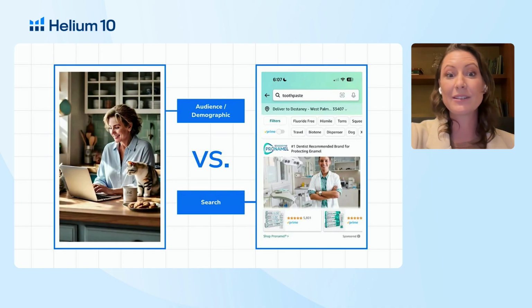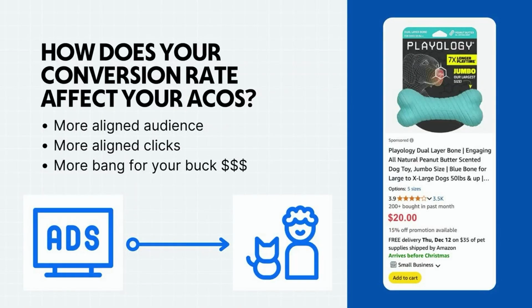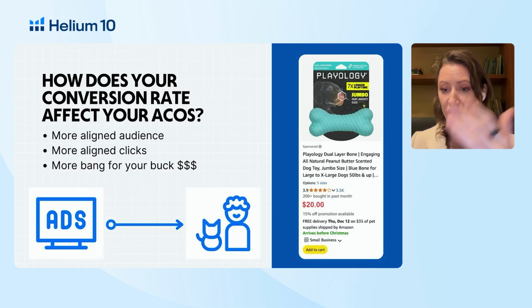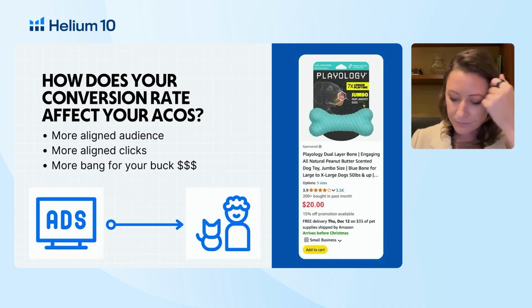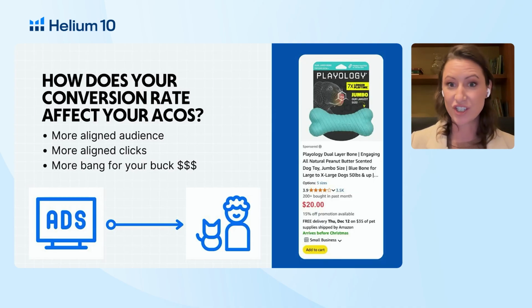This is where Amazon Audiences is coming into play. So now we can keep our bids a little bit lower for our generic audience, but apply a bid boost for that audience that we know is more likely to convert. Now, again, why is it important to focus on our conversion rate? Let's say we're still targeting dog toy, and we're having to bid $5 to show up at the top of the page because we know the top of the page is where we get the most traffic, the most visibility.